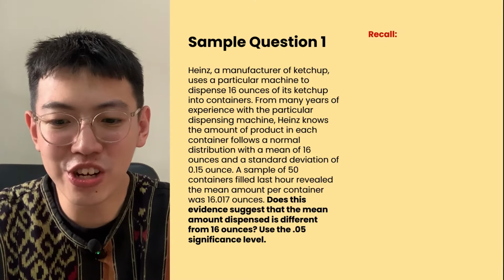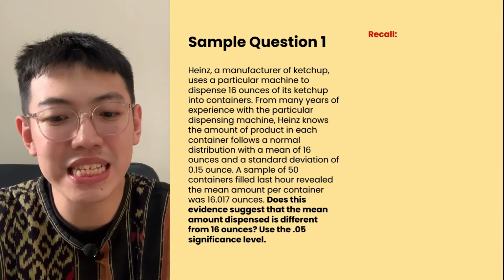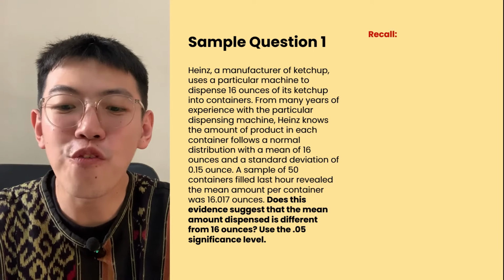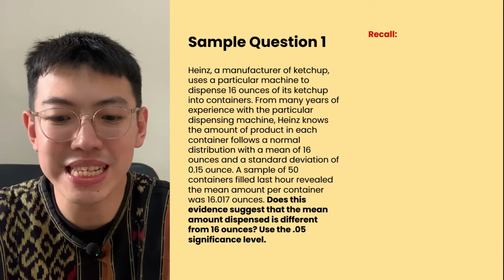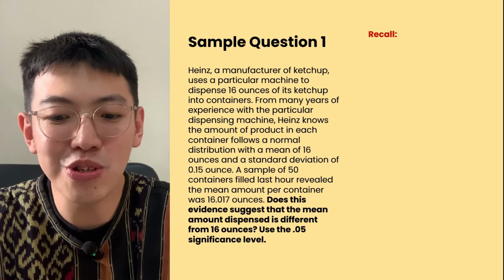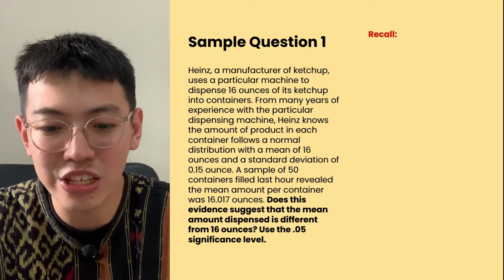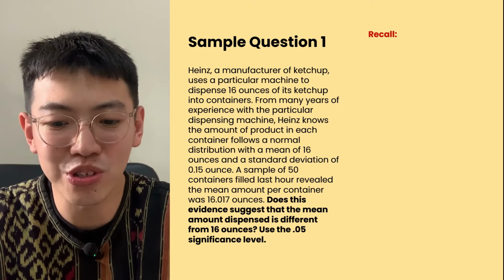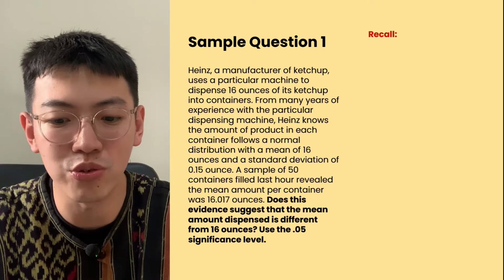Heinz, a manufacturer of ketchup, used a particular machine to dispense 16 ounces of its ketchup into containers. From many years of experience with the particular dispensing machine, Heinz knows the amount of product in each container follows a normal distribution with a mean of 16 ounces and a standard deviation of 0.15 ounce.